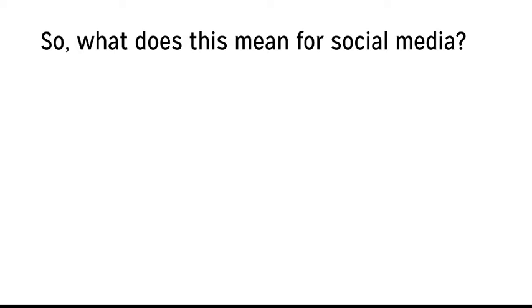So let's talk about what that means for social media. When we're looking at social media, how does technology play a part in it? In that sort of way, what we're talking about is the bottleneck. Where is the point where innovation and new ideas start to slow down?